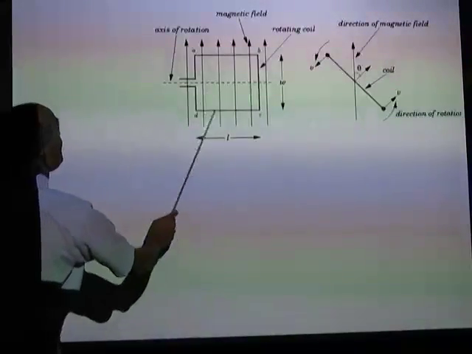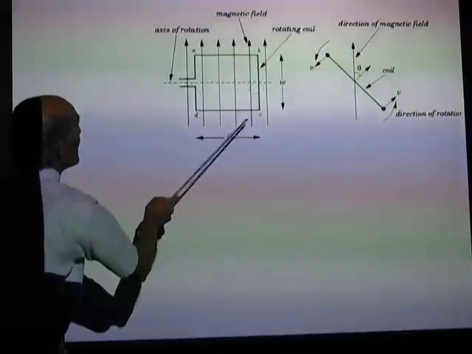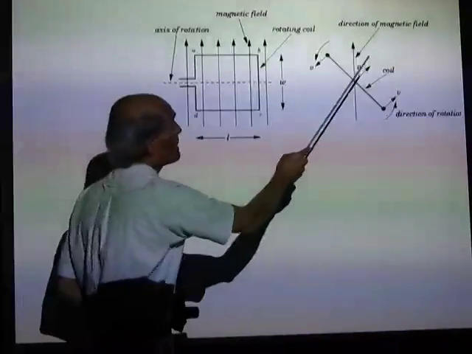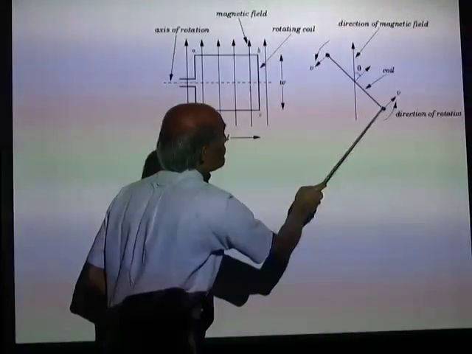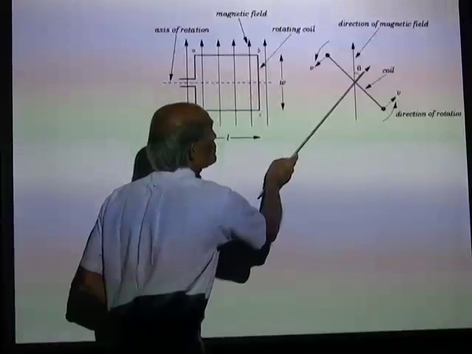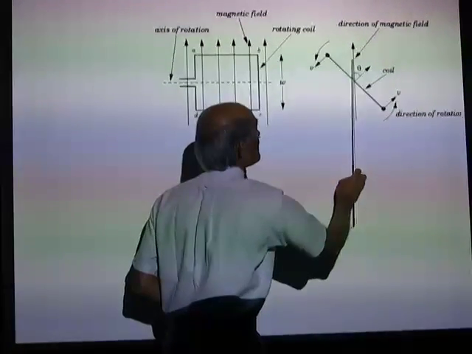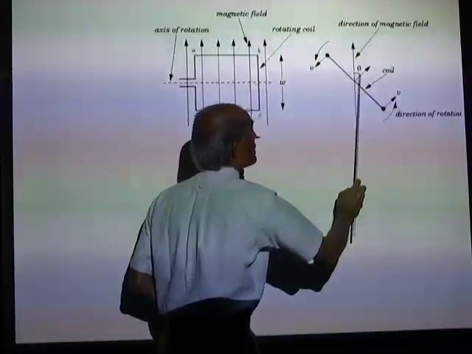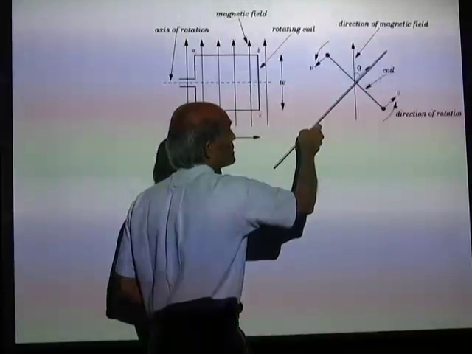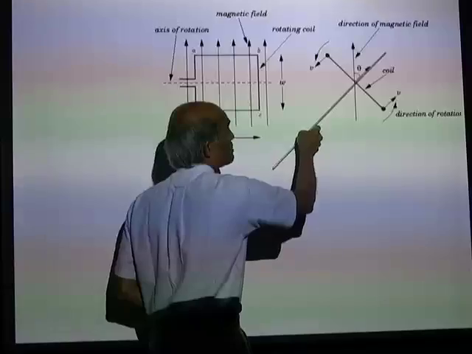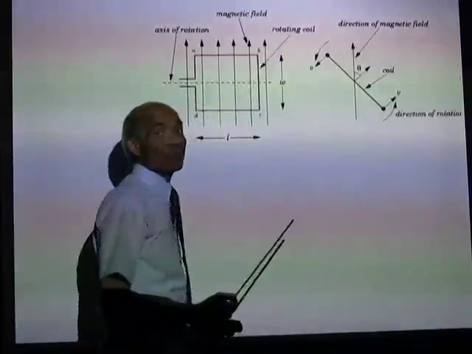You can see the direction of the magnetic field and the coil, and look at the angle theta. If this is the plane of the coil, this is the normal to that plane, and this is the direction of the magnetic field, and this is the angle theta. Angle theta is the angle between the normal to the plane and the magnetic field.